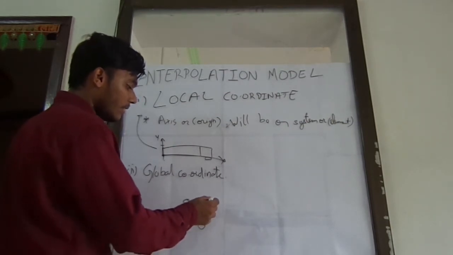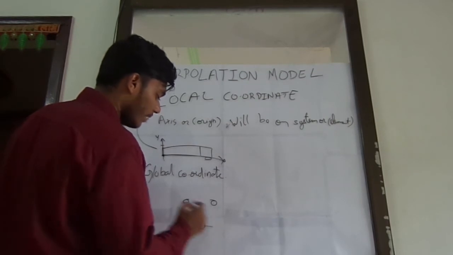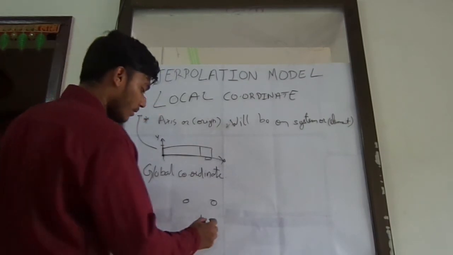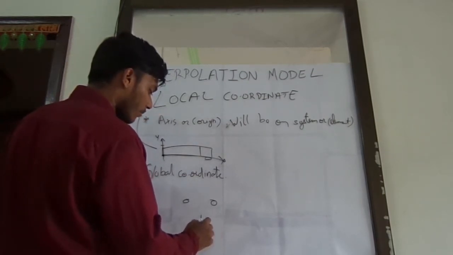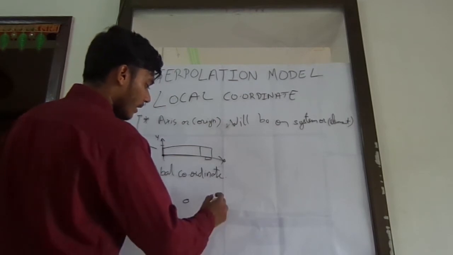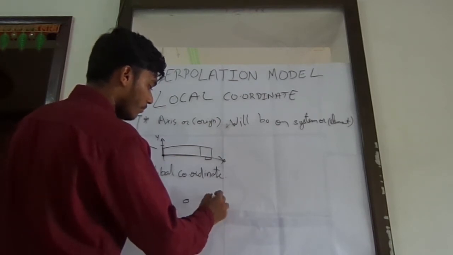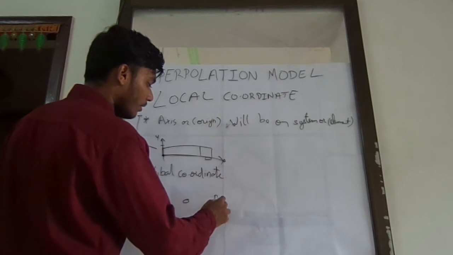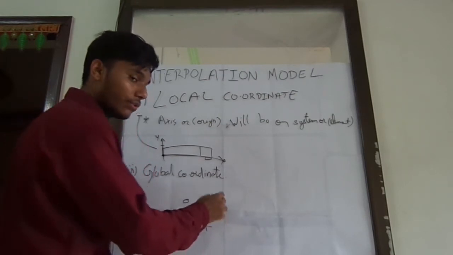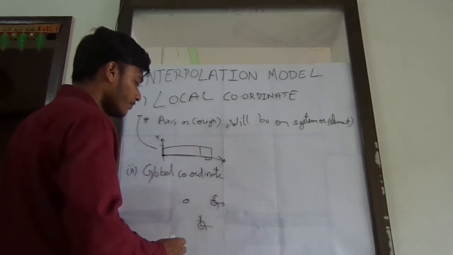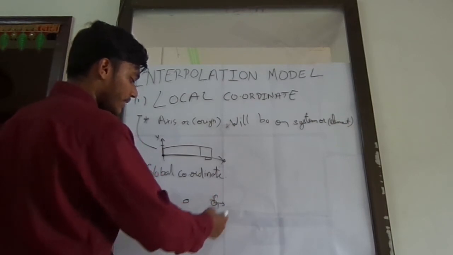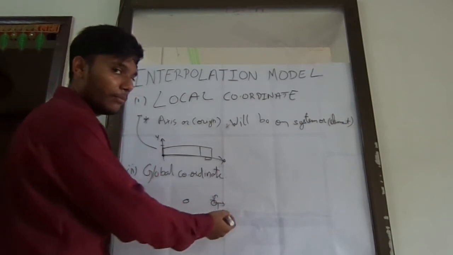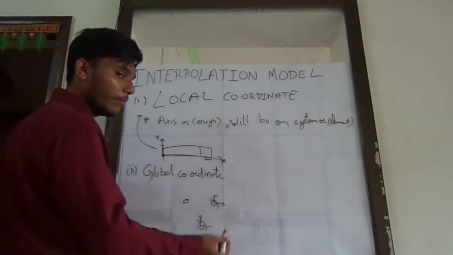Let's say you take the local axis here, so your x coordinate is 1, y coordinate is 1. When you change the axis from this to this, again your local coordinate is x equal to 1 and y equal to 1. So how do you differentiate these two? They are actually at different positions, but the coordinates are the same.